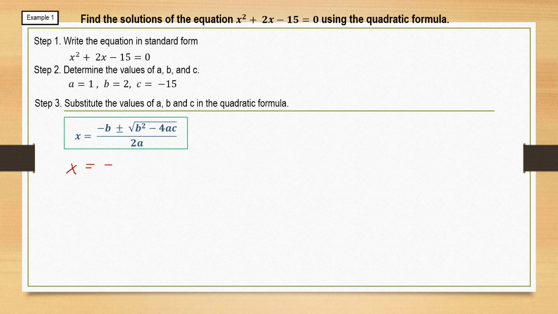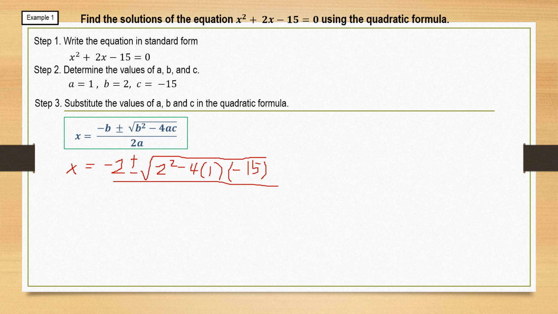We have negative b, which is negative 2, plus or minus the square root of 2 squared minus 4 times the value of a, which is 1, times the value of c, which is negative 15, all over 2 times the value of a, which is 1.